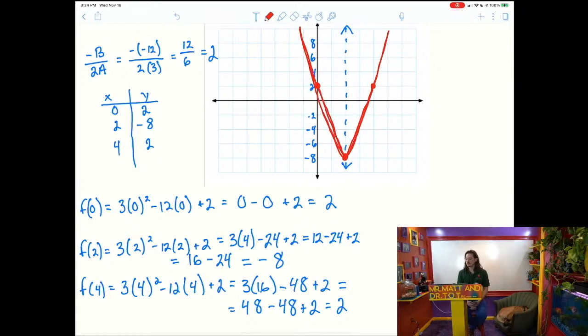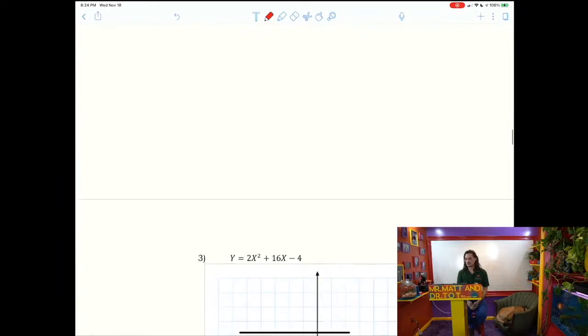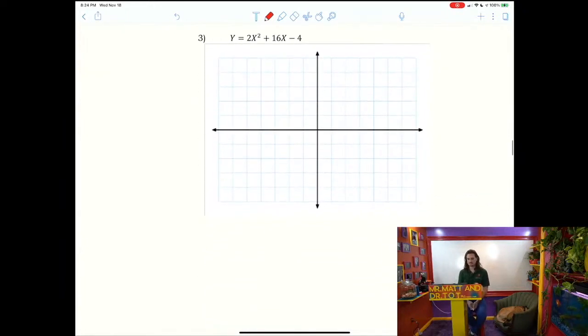Now let me know if you have any questions. Otherwise, let's take a look at question number 3, which is asking you to sketch the graph of y is equal to 2x squared plus 16x minus 4.